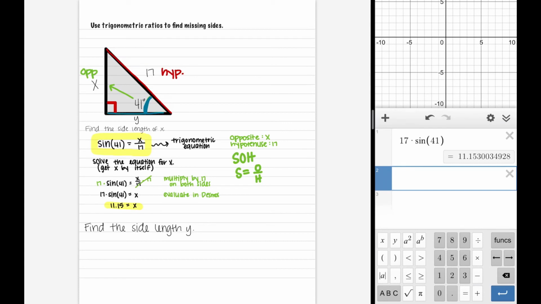Okay, well, side y is attached to angle 41, so it is adjacent to angle 41. So in this case, the information that we have is not concerning x anymore. It's only concerning y, and we know the length of the hypotenuse.